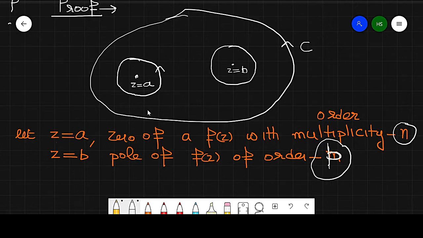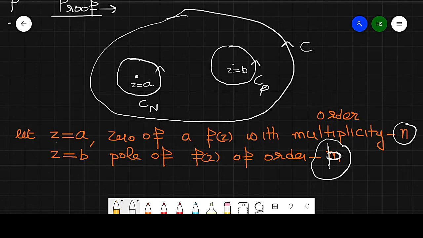These can be written as C of n and C of p. So these are circles. Cn and Cp are non-overlapping circles inside C with centers z equal to a and z equal to b respectively.